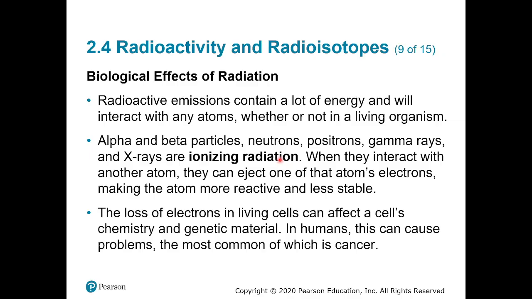Right? Alpha and beta particles are kind of self-explanatory because they're already charged, right? So they kind of make sense. Neutrons, on the other hand, are not charged. Neither are gamma rays and X-rays. So what happens with gamma rays and X-rays is they're so high energy, they actually cause an electron to launch out of your structure. Okay?